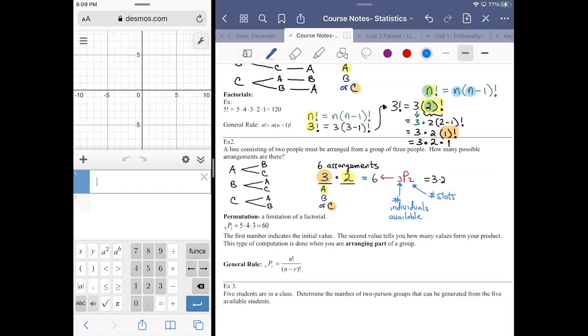Right? But if I had something like 99P50, I'd have to draw out 50 slots, start with the number 99, and then decrease from 99 by consecutive values, 98, 97, 96, 95, until I've used up all those spots, and then I'd have to multiply. That sounds terrible, right?